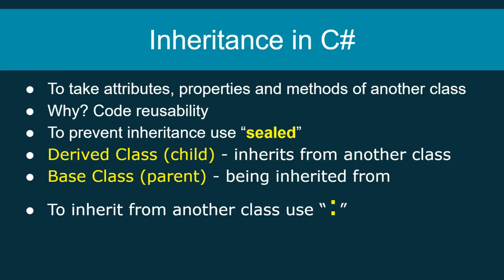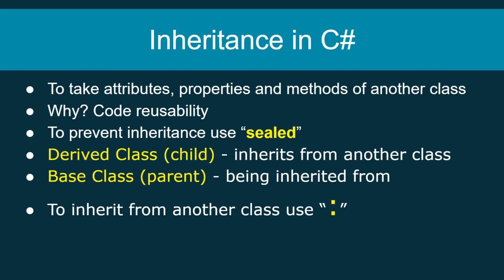Inheritance in C#. What is inheritance? Inheritance is a way to take attributes, fields, properties, and methods of another class to reuse the code from another class.